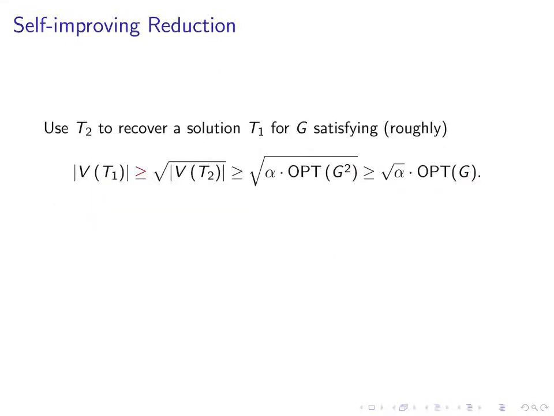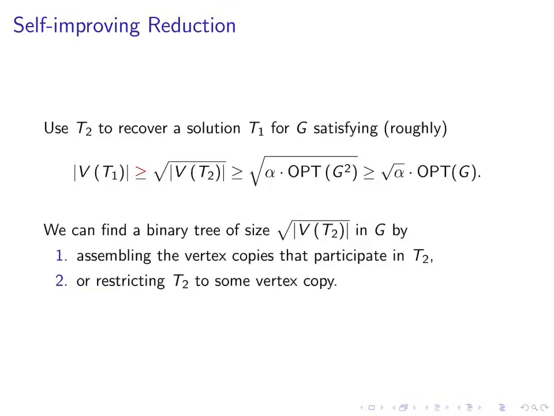While for the leftmost inequality, given that T2 is a solution of G squared, we want to find a solution of size square root of T2 in the original graph G. And this can be done by either assembling the vertex copies that participate in the solution T2 for the squared graph, or we just restrict on one copy and take that solution.